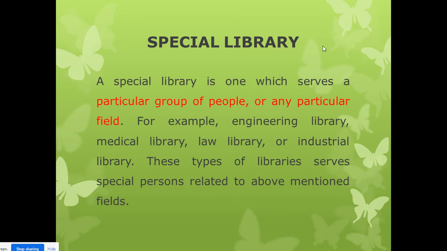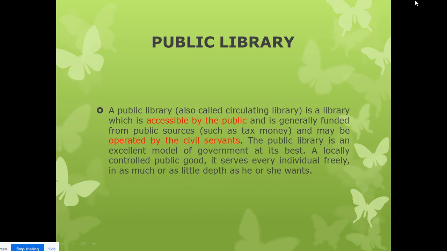So let's move forward. Another is the public library. What is a public library? A public library is also called a circulating library. A public library is a library which is accessible by the public and is generally funded from public sources.